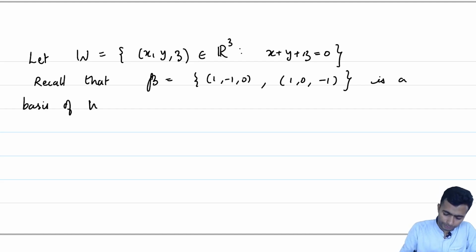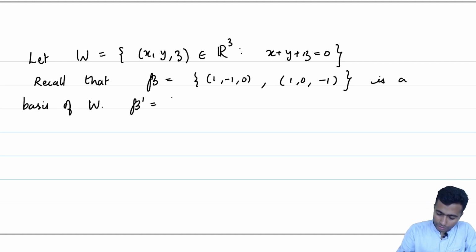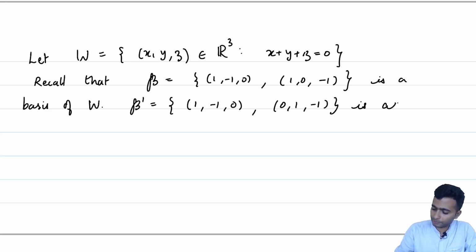But if you try to recall how we got hold of this basis, there was a choice involved, and based on the choice we would have ended up with a different basis. So, for example, beta prime, which is given by (1, -1, 0) and (0, 1, -1), is also a basis.